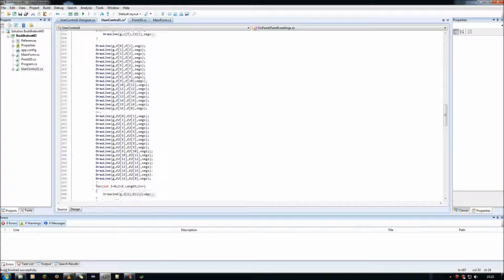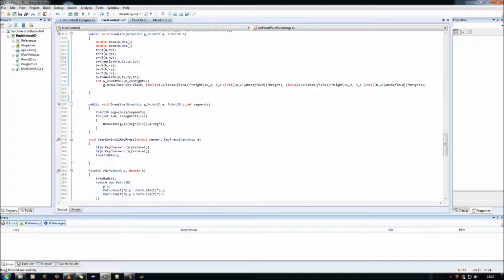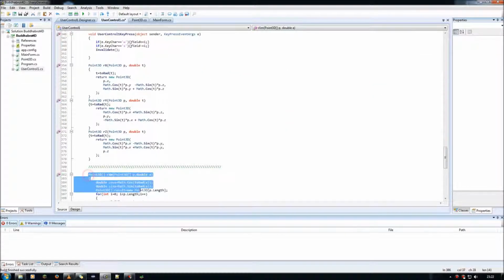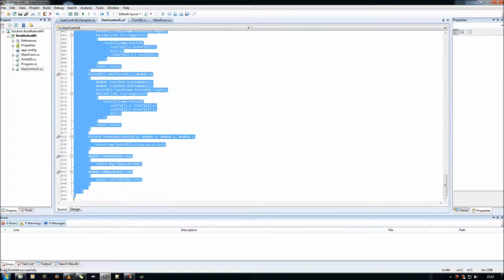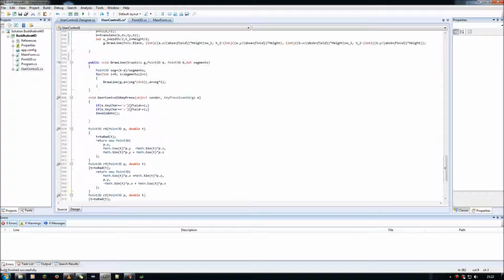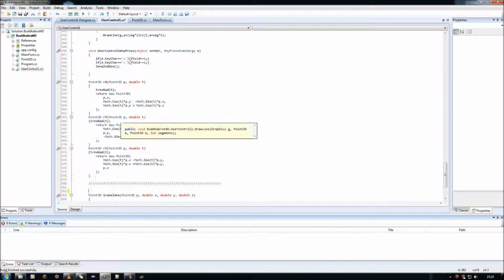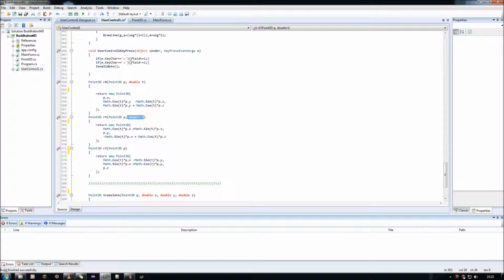So then if we come down to these rotate methods, this is something else that I was messing with. It's not important anymore. If we get rid of these radians, we don't need that anymore. We don't need this anymore either.